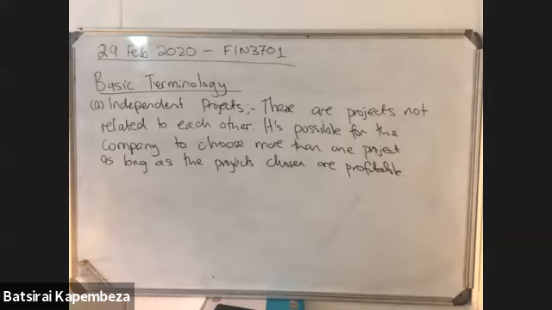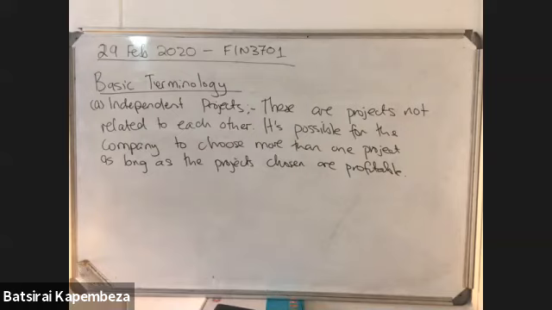Sometimes you might hear that projects are independent. If we say that projects are independent, we mean that the projects we are considering are not related to each other. And what this means is that if the company is trying to select projects to invest in, they are allowed to invest in these projects.